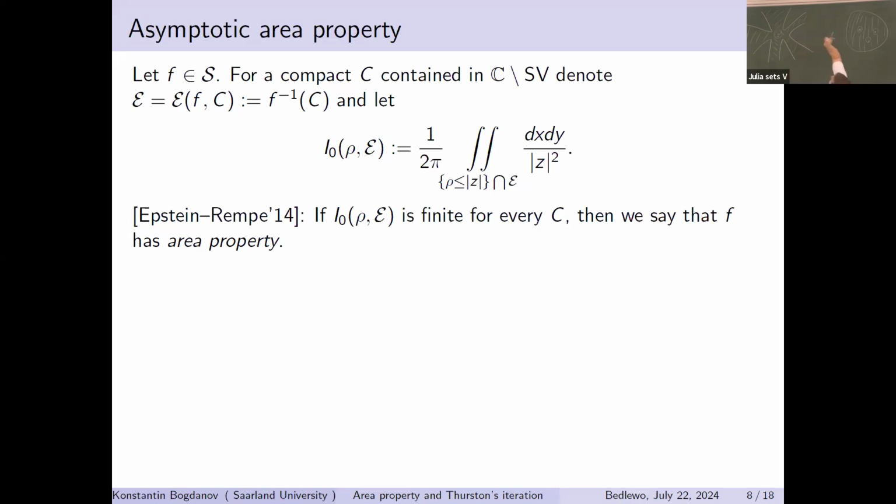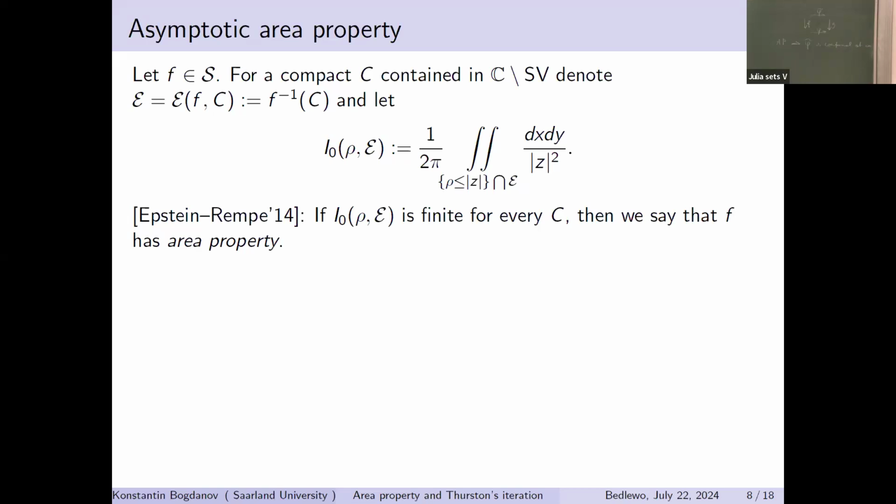From the area property follows that the cylindric area of the set is finite, and by the Belinsky-Teichmüller-Wittich theorem, it follows that phi tilde is conformal at infinity. In a sense, there is a derivative at infinity.